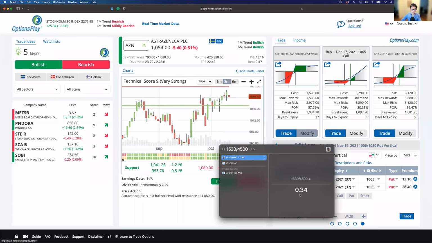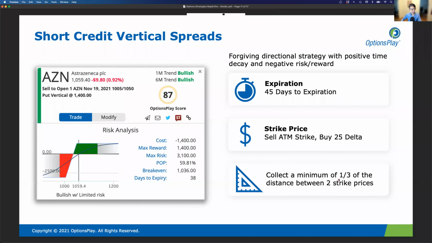So I'm collecting, in this particular case, 34% of the vertical width. And remember, the minimum that we want to collect is 1/3 or 33% of the width. Here I'm collecting 34%, so this meets my criteria for a credit spread. So those are the general rules of thumb that you want to use for a credit spread.